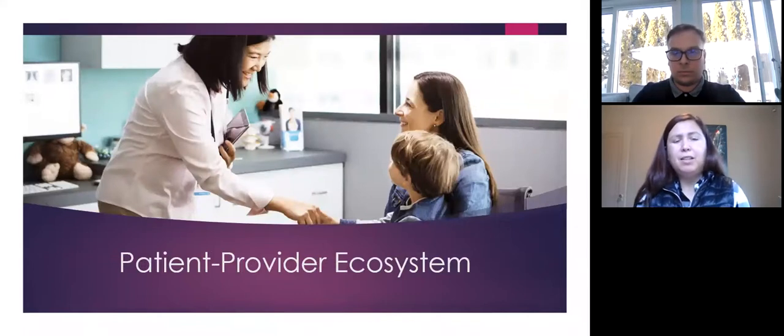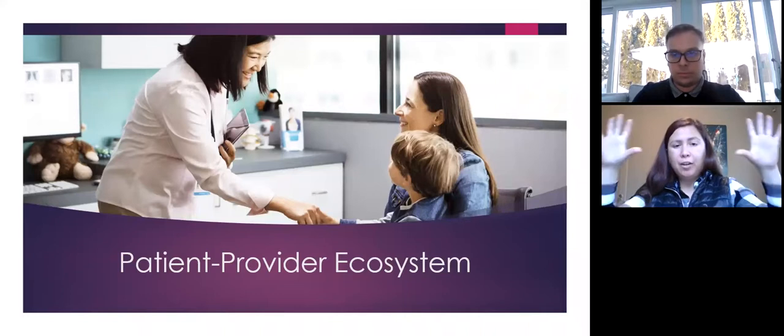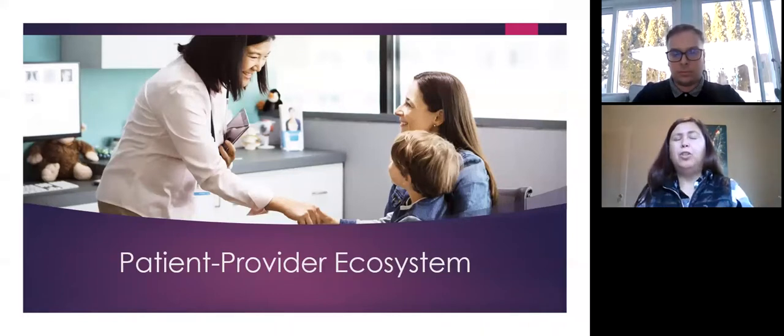So I'm going to begin this talk talking about the patient-provider ecosystem. What I mean by that is when you go to the doctor and you have what you think is just a simple office visit, that is not actually the case. There is an entire ecosystem of huge amounts of data being exchanged during this visit that you probably don't realize.